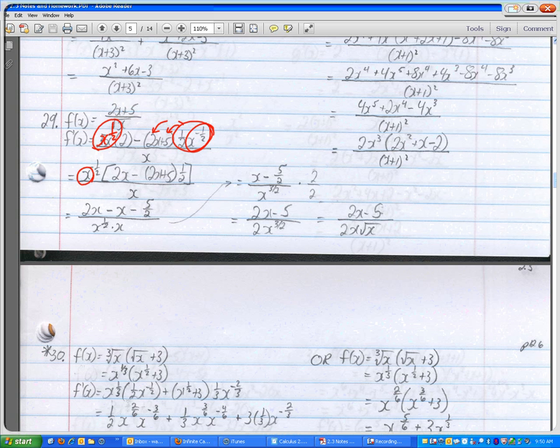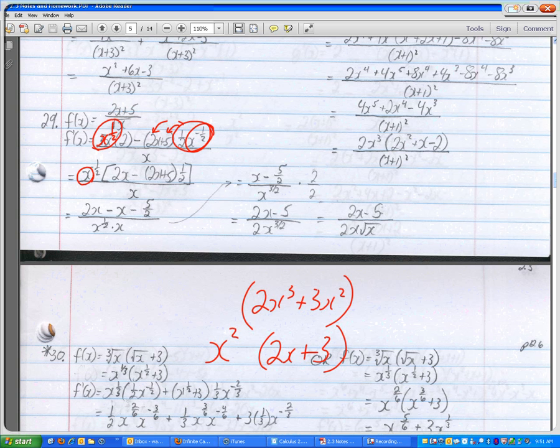Well, let's think. Let me make up an easy example. If I had 2x cubed plus, let's go with 3x squared, and I needed to factor that, I would factor out an x to the what? Squared, and be left with 2x plus 3.